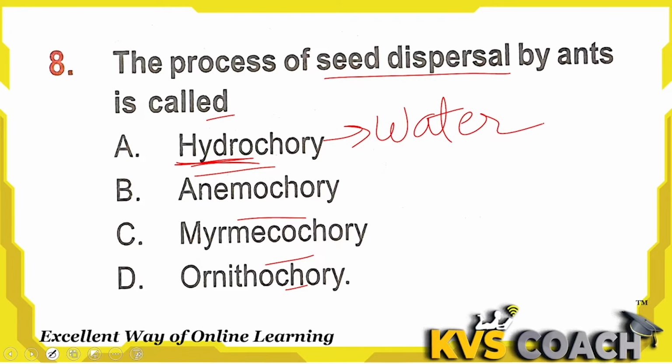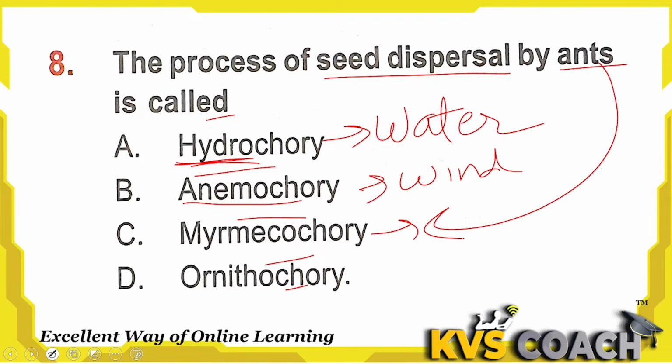Anemochory, this is the seed dispersal by wind. And myrmecory, this is the actual answer here, seed dispersal by ants. And ornithochory, ornitho is related to, yes, birds. So ornithochory means the seed dispersal by birds. But the right answer for ant dispersal is option C.